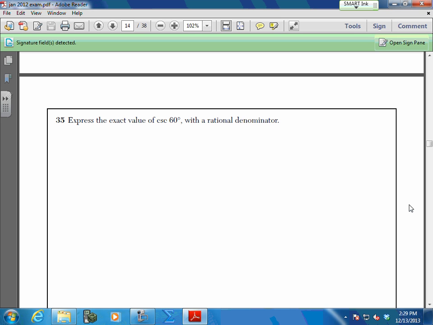This is a nice one. Here's your special right triangles. It's asking you for a triangle with a 60 degrees. Well, you know your 30, 60, 90, or you should. Now, with a rational denominator means you have to rationalize any radicals in your denominator.